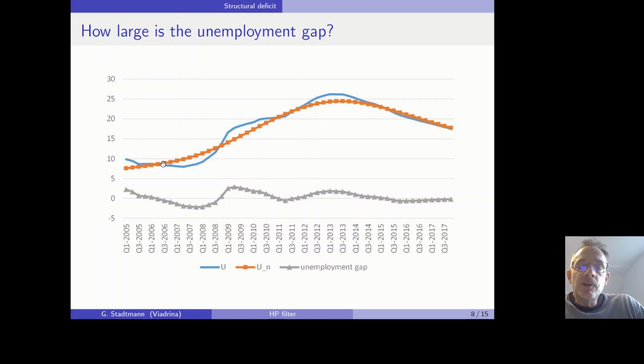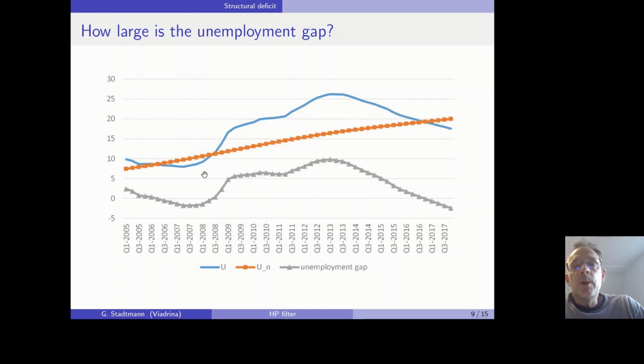When we measure the natural rate of unemployment like this, there are only small gaps between the realized unemployment rate and the natural rate of unemployment. So in 2013, the unemployment gap, the difference between the blue line and the orange line, is only minor, only about a 2 to 3% unemployment gap.